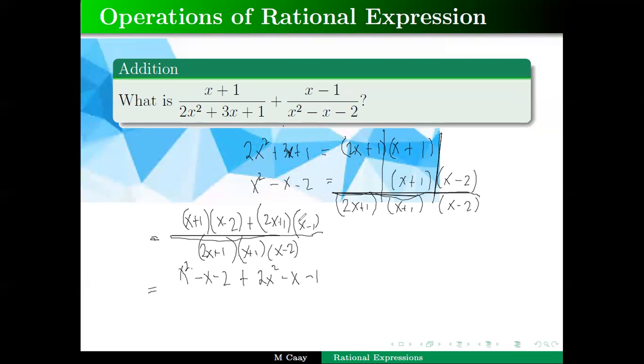So I have 2x squared, I should have negative 2x but there's a 1x here, so that will be minus x, and I have negative 1, all over. That would be fine if you wish to simplify the denominator.